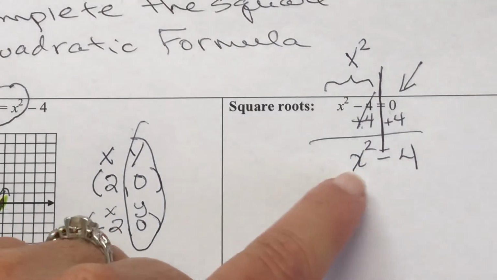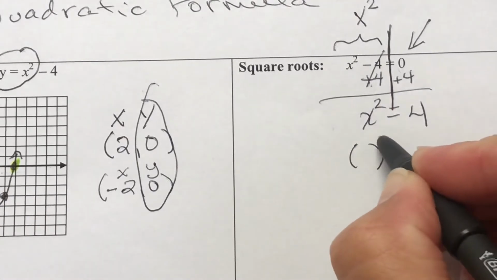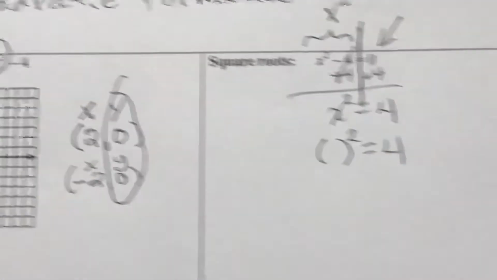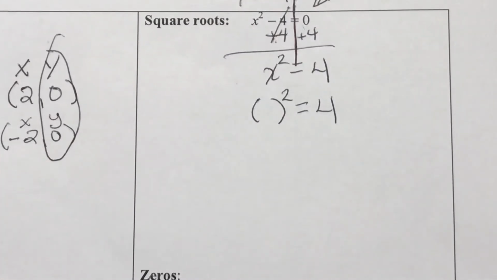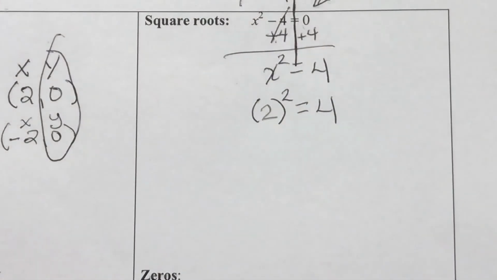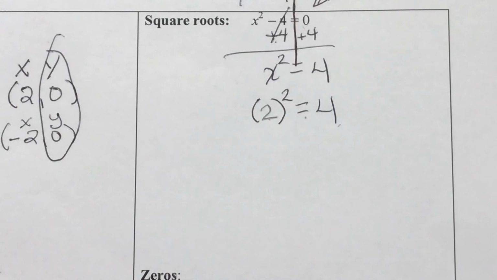So think about what numbers would work here. Like if I just drew a blank instead of an x, and again, a variable can represent anything, what could go in that blank spot and make sense? 2. 2 squared is 4. Is that a true statement?